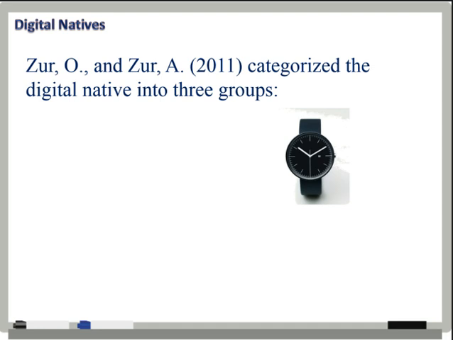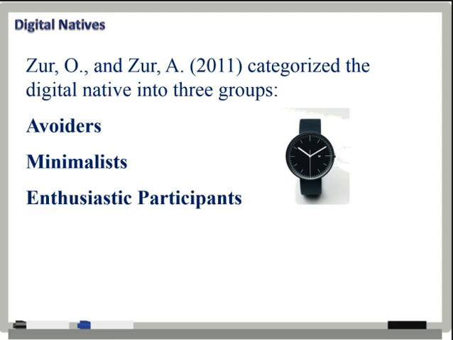One of the things that Zura identified were the three aspects of the digital natives: the avoider, the minimalist, and of course those we look to find, the enthusiastic participants. One of the things you will also note with the digital native is that they don't really ascribe to the single function device. Here I'm showing the traditional wristwatch.